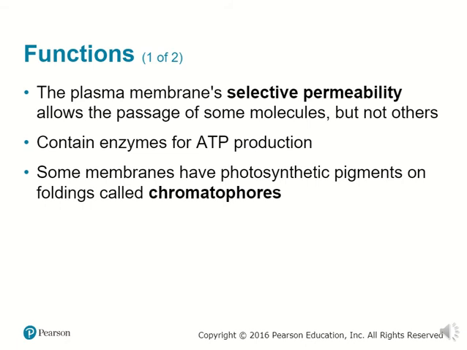As far as the functions, the plasma membrane provides selective permeability. It allows the passage of certain molecules, but not everything. They contain enzymes that allow for ATP production, adenosine triphosphate, which is a source of energy for many functions. And some membranes have photosynthetic pigments on foldings called chromatophores.